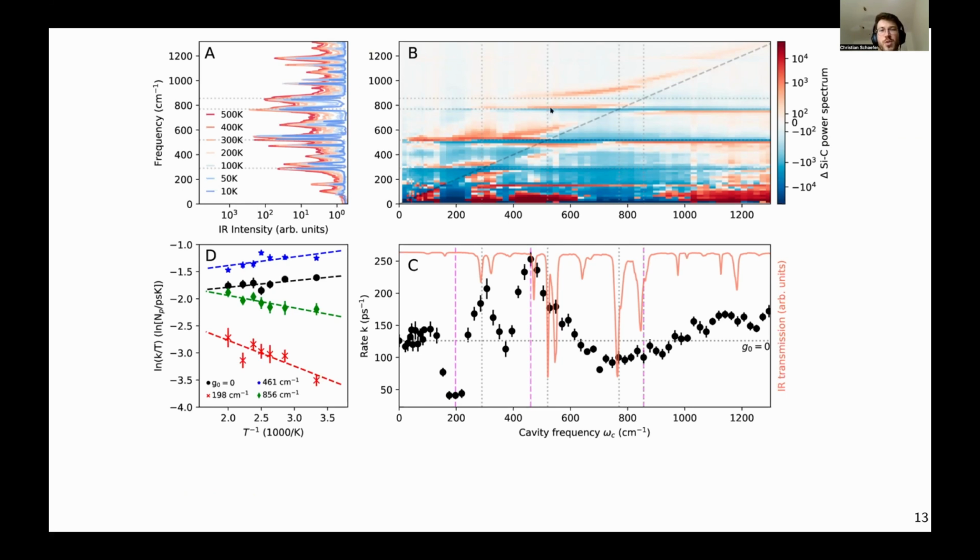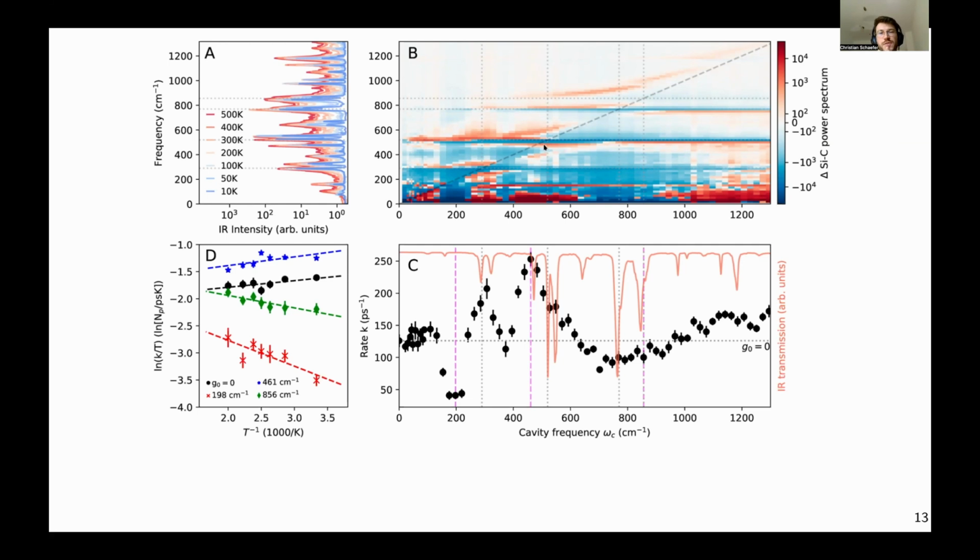And then you can go over to figure B here, where the difference in silicon carbon power spectrum is plotted. This basically just means that if I look at the silicon carbon bond, it will oscillate at a certain frequency, right? And depending on which mode it contributes to, it will have a different frequency. And you can nicely see that inside the cavity, you decrease it at certain resonances where the cavity agrees in frequency with the vibrational mode.